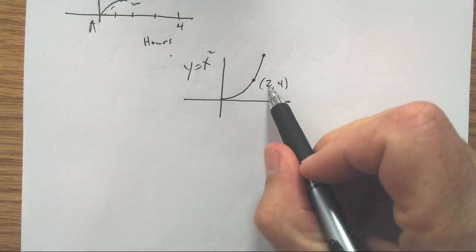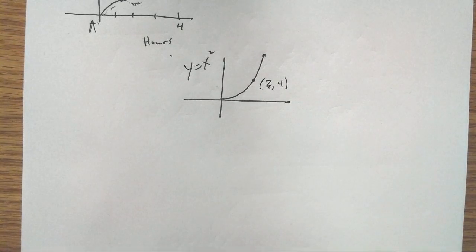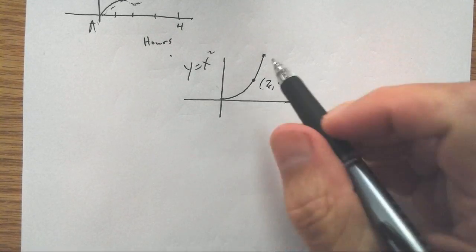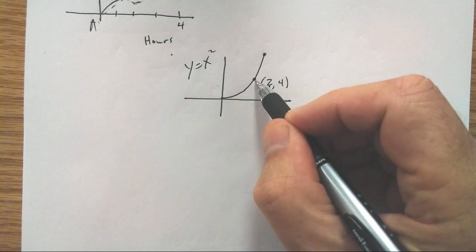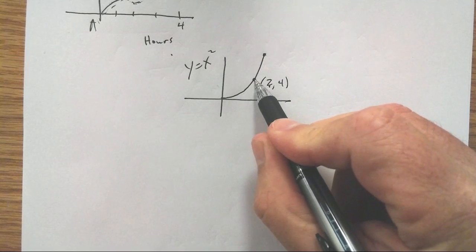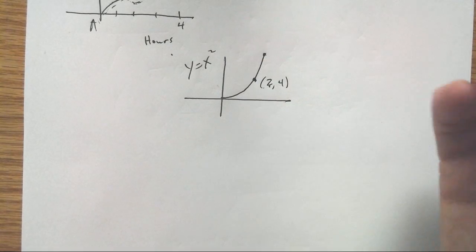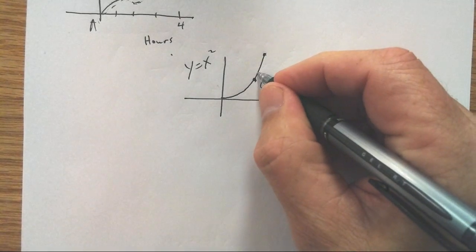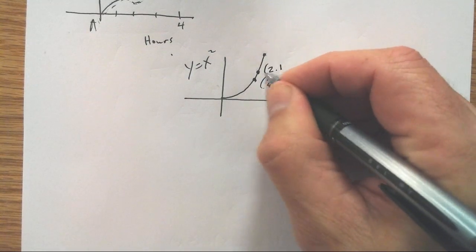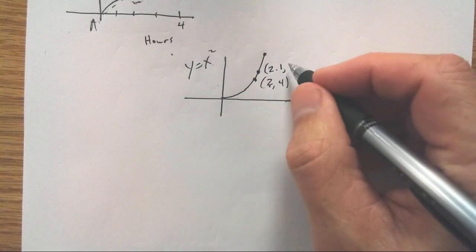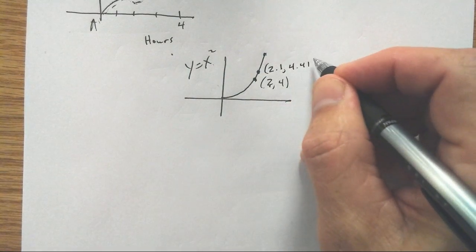It represents after 2 hours we were 4 miles away. But then we started walking faster, and we were walking slower to begin with. I want to know how fast we're walking at that instant. But I need 2 points. So I could, for instance, choose a point close to it, 2.1, and 2.1 squared is 4.41.